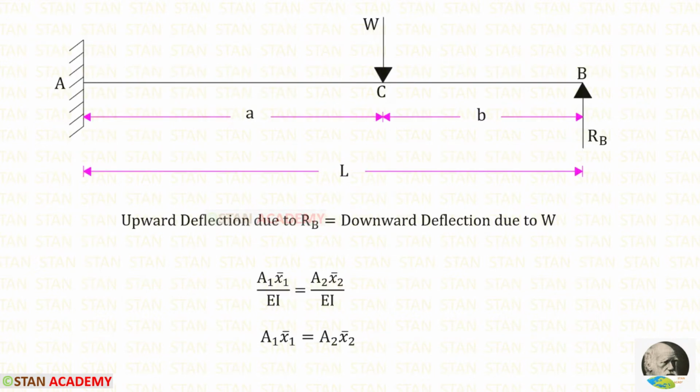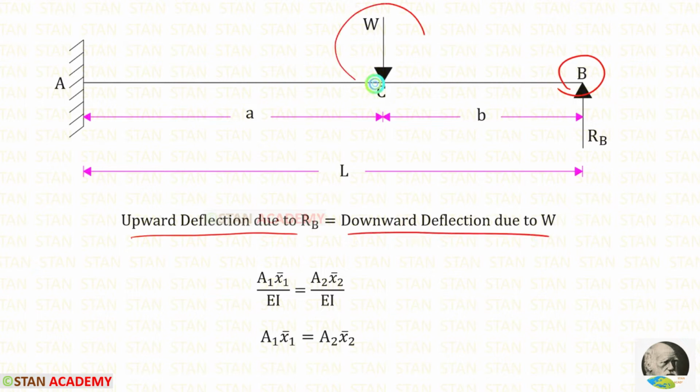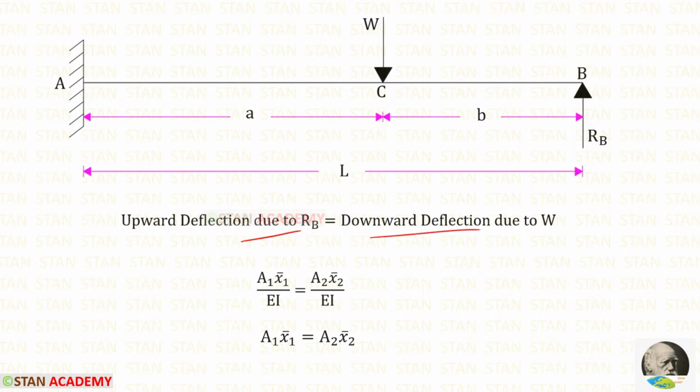In this analysis, first we have to find the prop reaction RB. For that, we can use this condition. At the point B, the upward deflection due to RB will be equal to the downward deflection due to the load W. To find these deflections, we can use the moment area method.